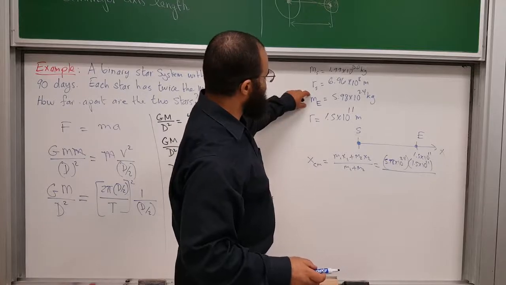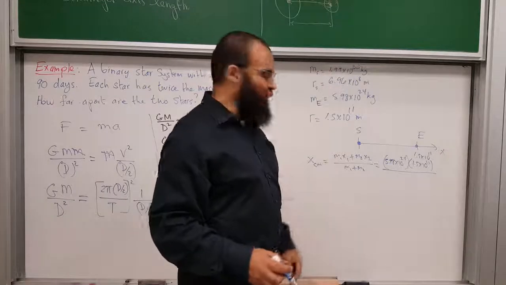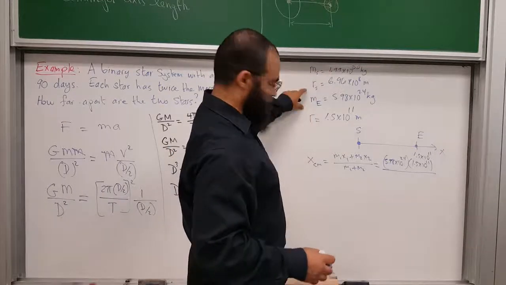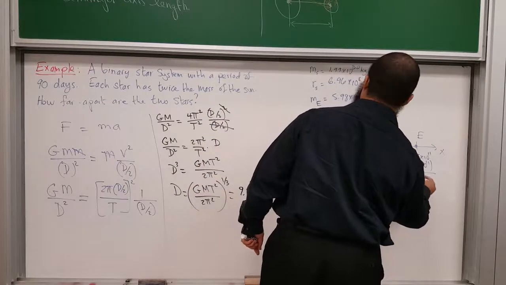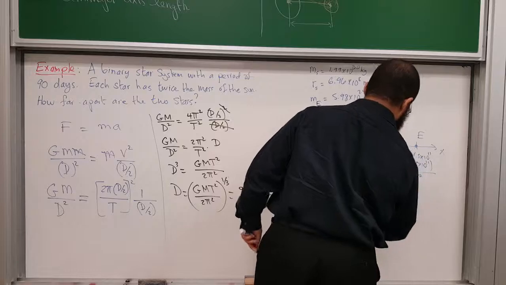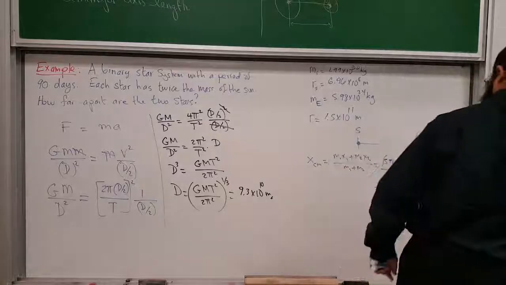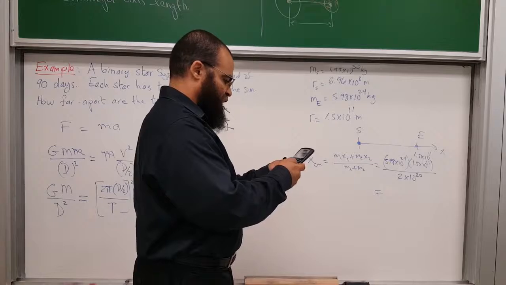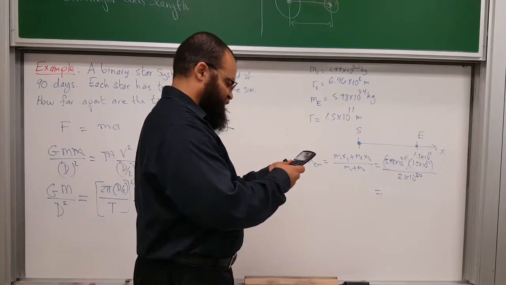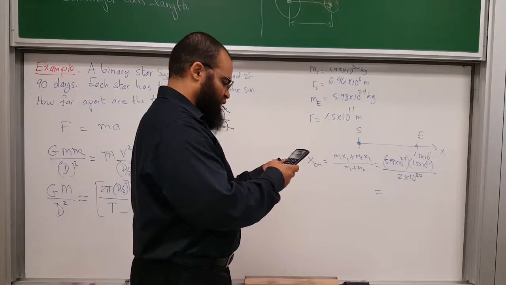The mass of the Earth is much, much less than the mass of the Sun, so it's basically the mass of the Sun, 2 times 10 to the 30th, because you're adding only about 1 part in a million. Let's see what we get here. I get 5.98 times 10 to the 24th power times 1.5 times 10 to the 11th power, divided by 2 times 10 to the 30th.